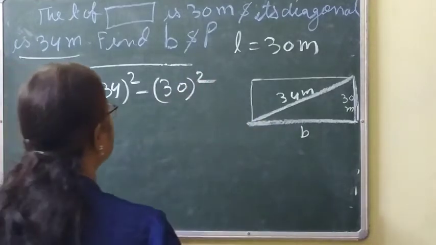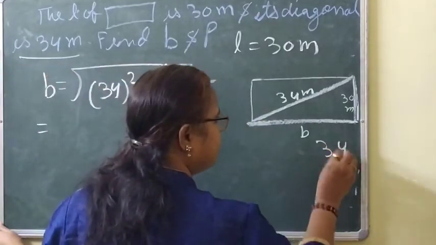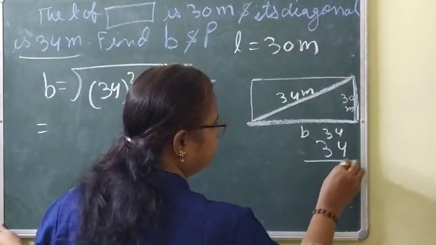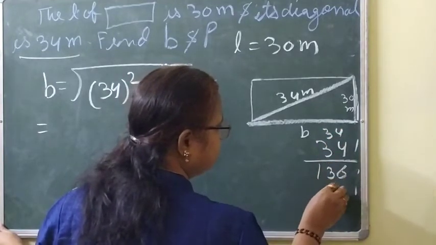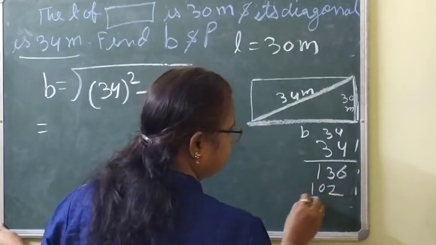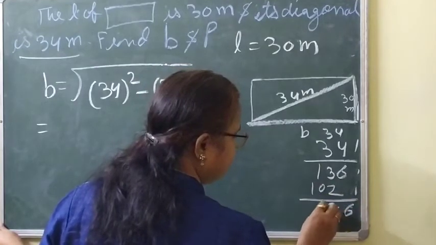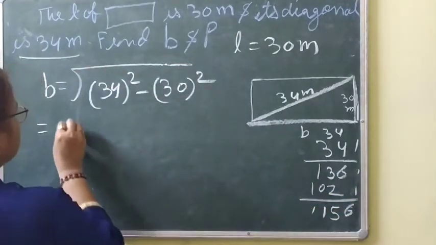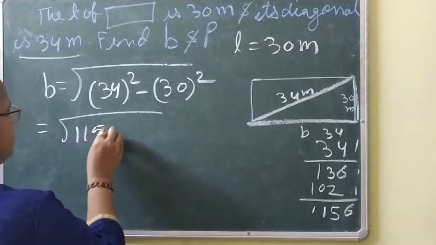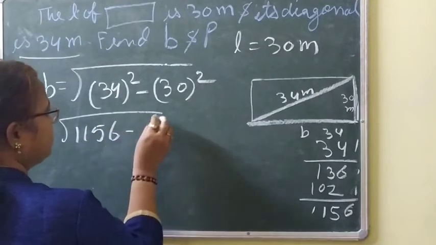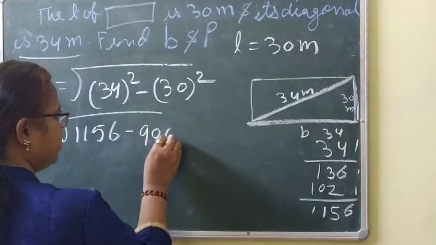So square of 34 will be what? So multiply. 1156. Yeah. So here we will write 1156 minus what? 900. Yeah.